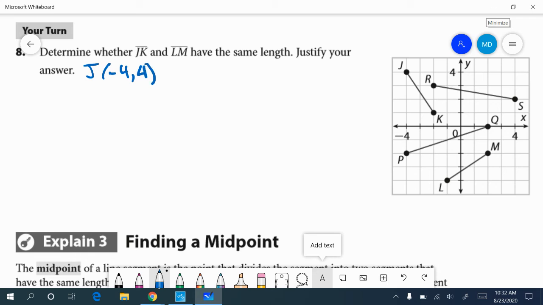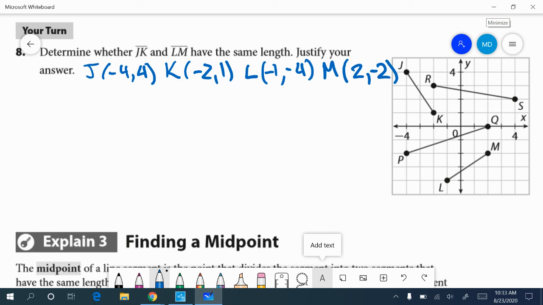Our coordinates for K are -2, 1. Our coordinates for L are -1, -4. And our coordinates for M are 2 and -2. Okay, so J is here, K is here, L is here, and M is here.